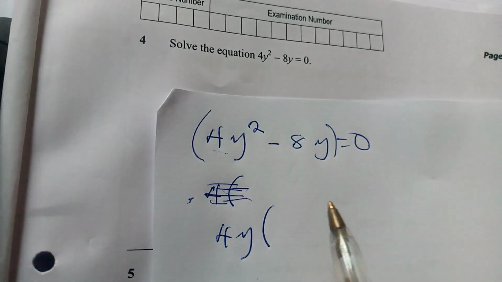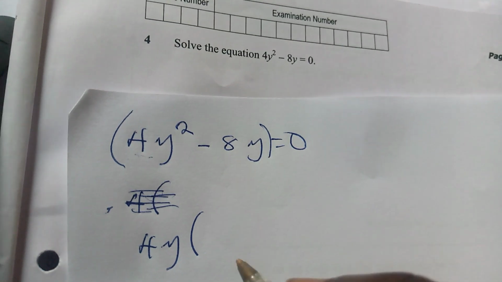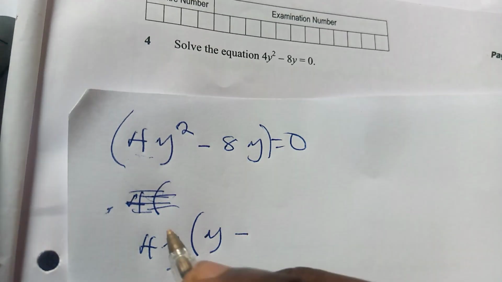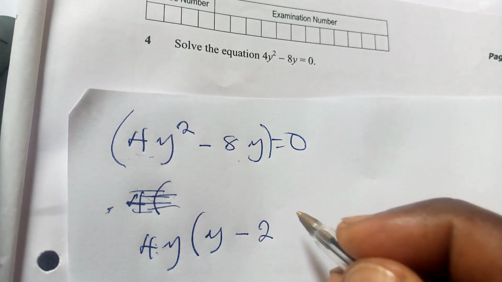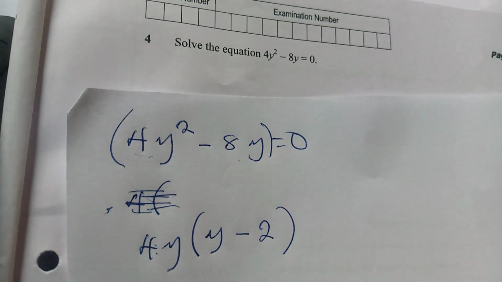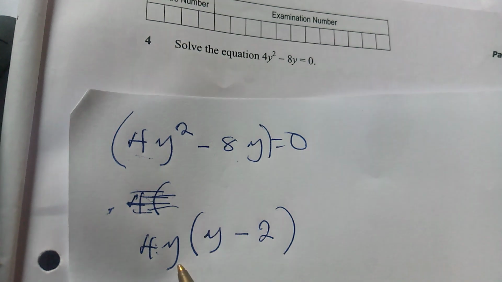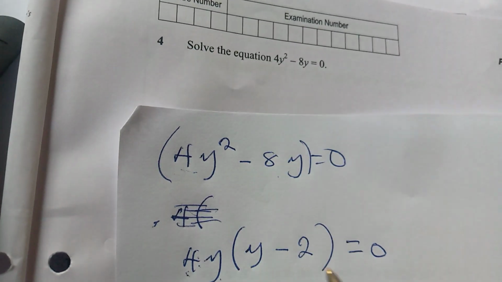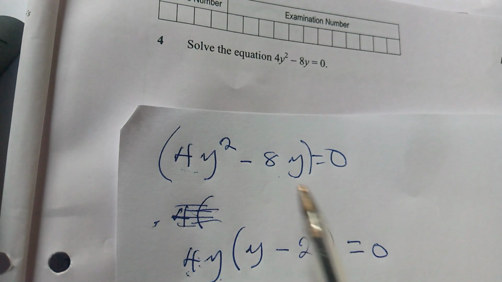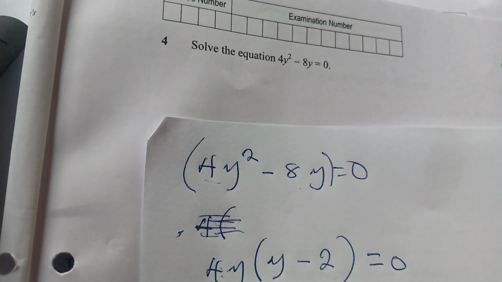We're remaining with y, and 4 into 8 will be 2. So it will be 4y open bracket y minus 2 close bracket, equal to 0. If you multiply this with what is inside the bracket, you're going to go back to that one.